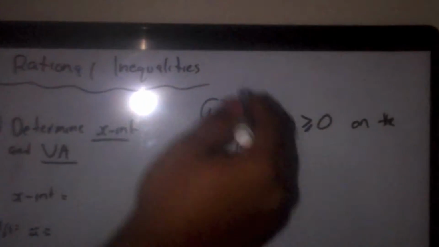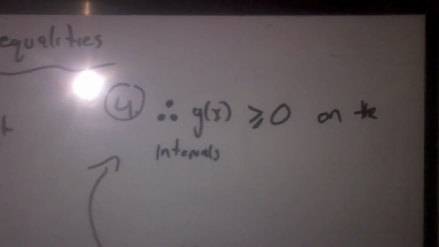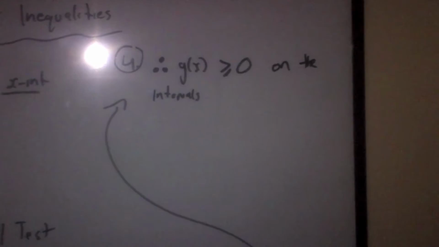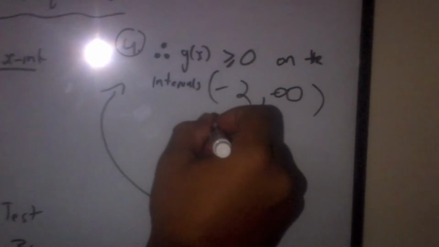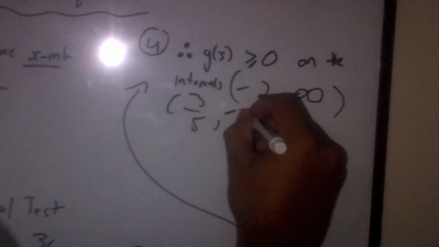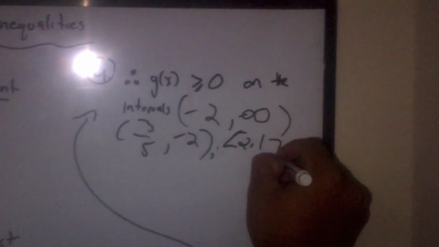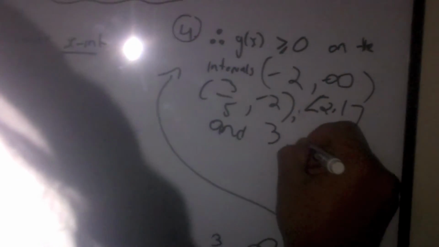So now that we have those intervals, we just need a therefore statement. Therefore, g of x is greater than or equal to 0 on the intervals negative infinity to -2, -2 to 3 over 5, 1 to 2, and 3 to infinity.